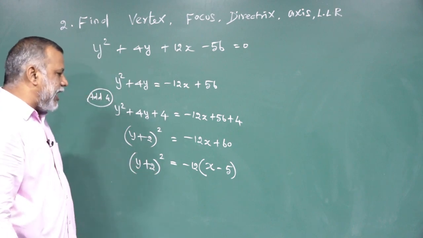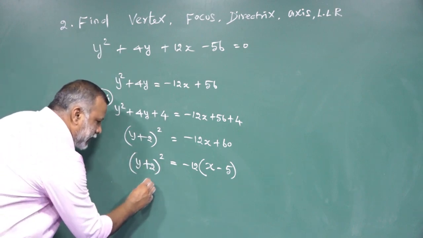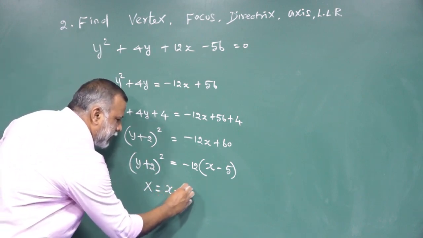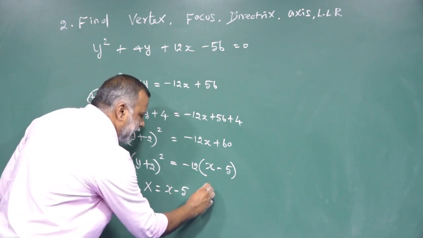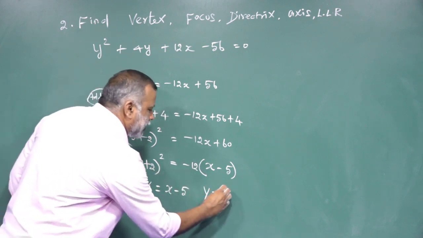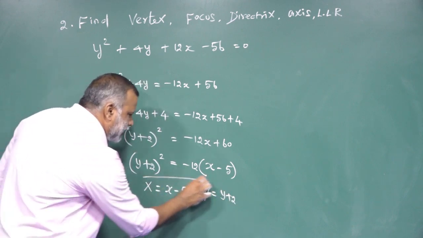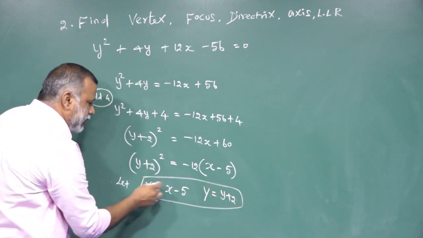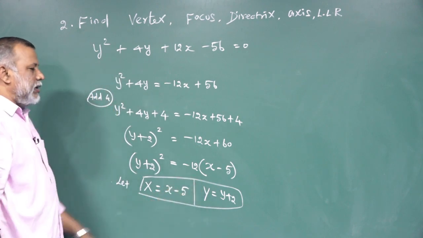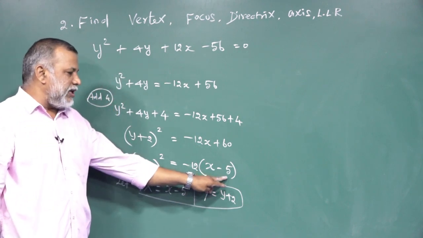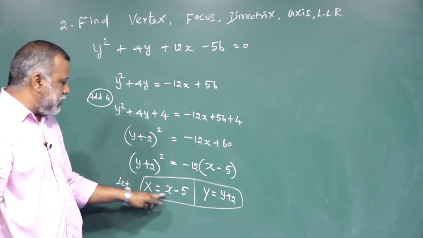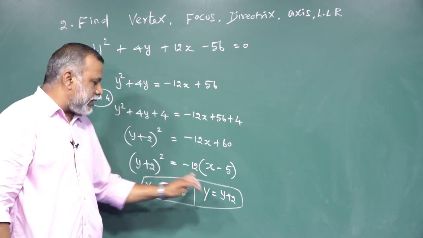Now we give the names: capital X equals x minus 5 and capital Y equals y plus 2. This is the naming. Always give the names capital X and capital Y. This is in the form of x minus 5, so capital X. It is in the form of y plus 2, capital Y.